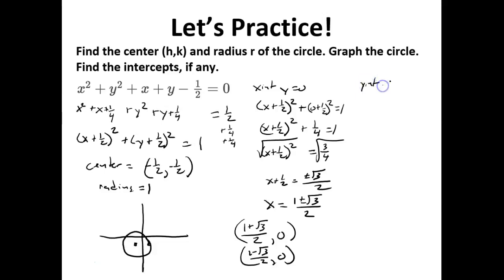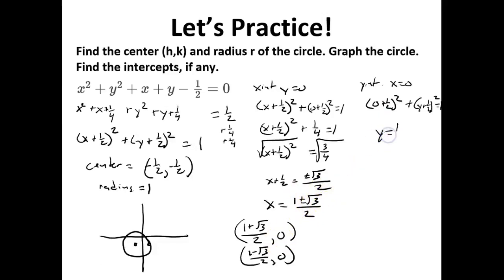The y-intercepts are where it's neither left nor right, so x is going to be 0. I plug the 0 in: 0 plus 1/2 squared plus y plus 1/2 squared is equal to 1. Well, this is actually almost identical to this right here. So I know that when I go through and solve this, I'm going to get the same here except y.